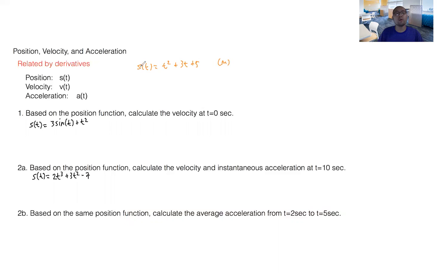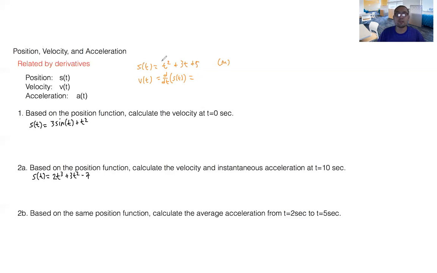If you want to get from position down to velocity, which is represented by v of t, a function of time, it's going to be the derivative with respect to t of your position function right above here.